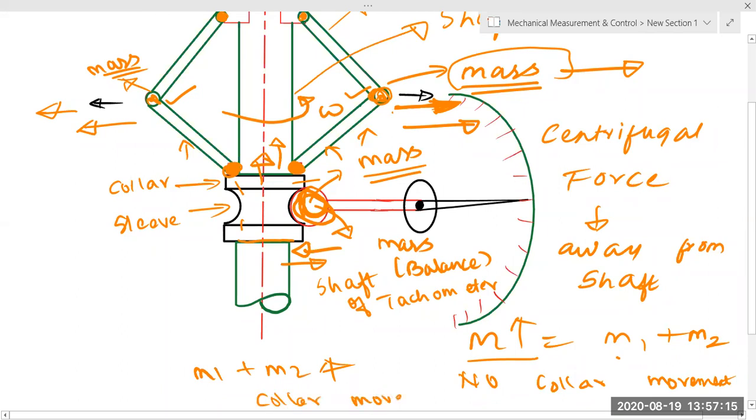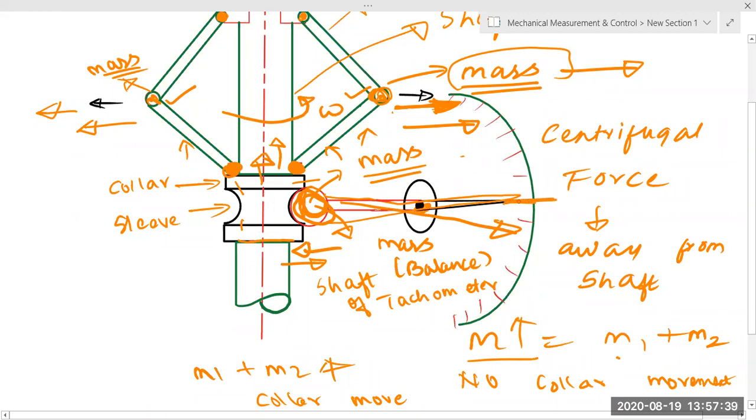And when the collar moves, this mass is actually attached to a pointer, so this pointer will also move. This pointer is attached in a radial way and is pivoted here. So this will lead to deflection of the pointer.